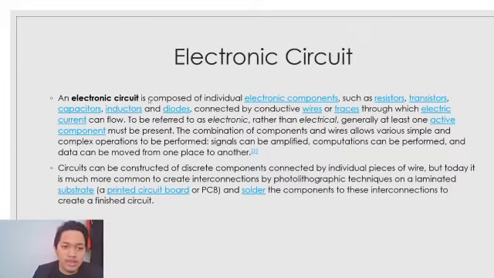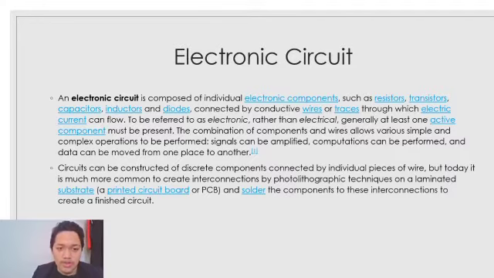An electronic circuit is composed of individual electronic components such as resistor, transistor, capacitor, inductor, and diode, connected by conductive wires or traces through which electric current can flow.